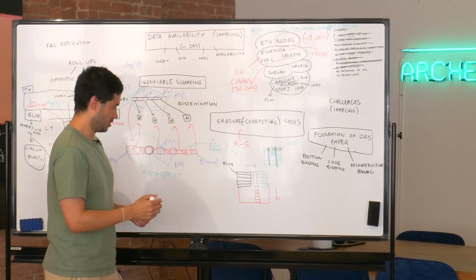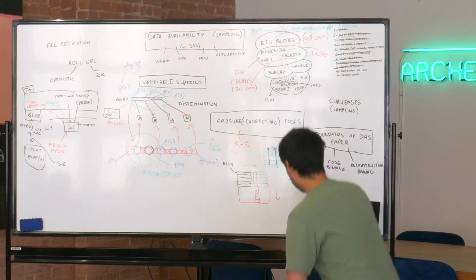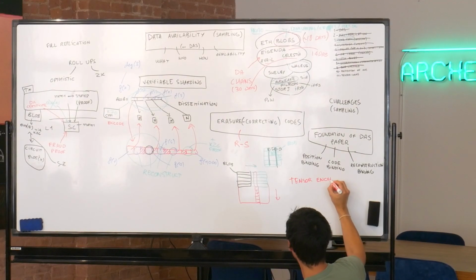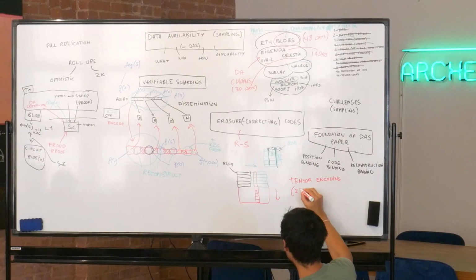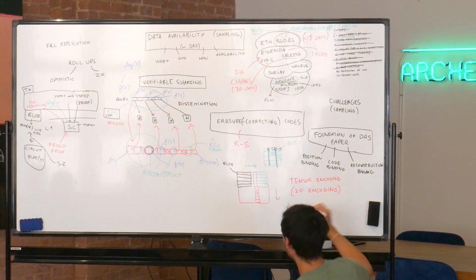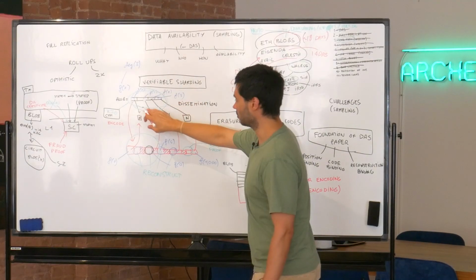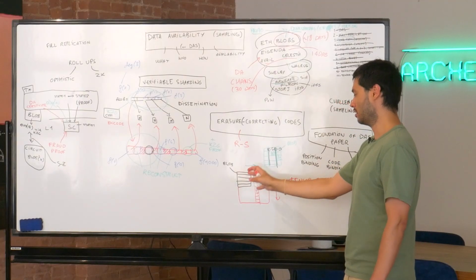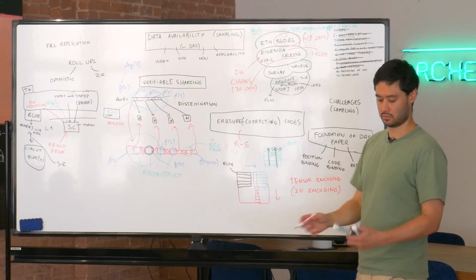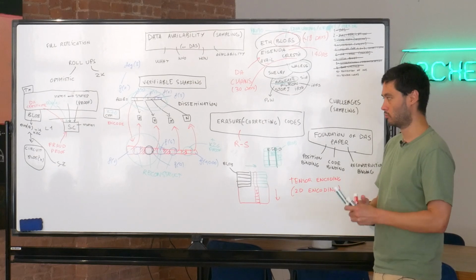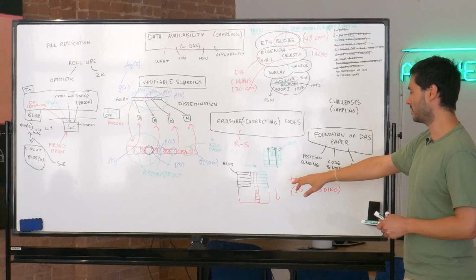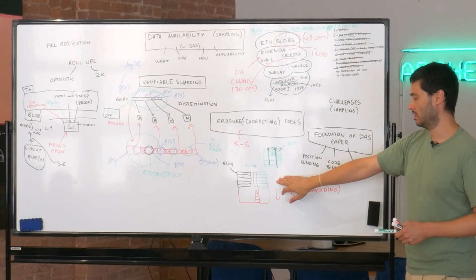This is what they call tensor encoding, or 2D encoding, 2-dimensional. If you see that as 1-dimensional, you just have a vector and you're making it bigger. Here, you're making it bigger horizontally and vertically. So that's 2-dimensional versus 1-dimensional.